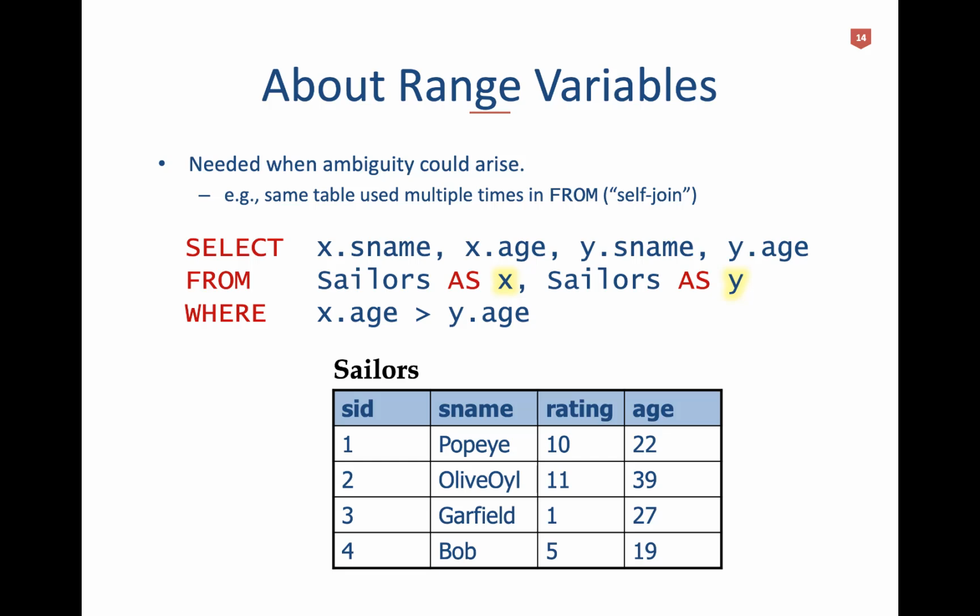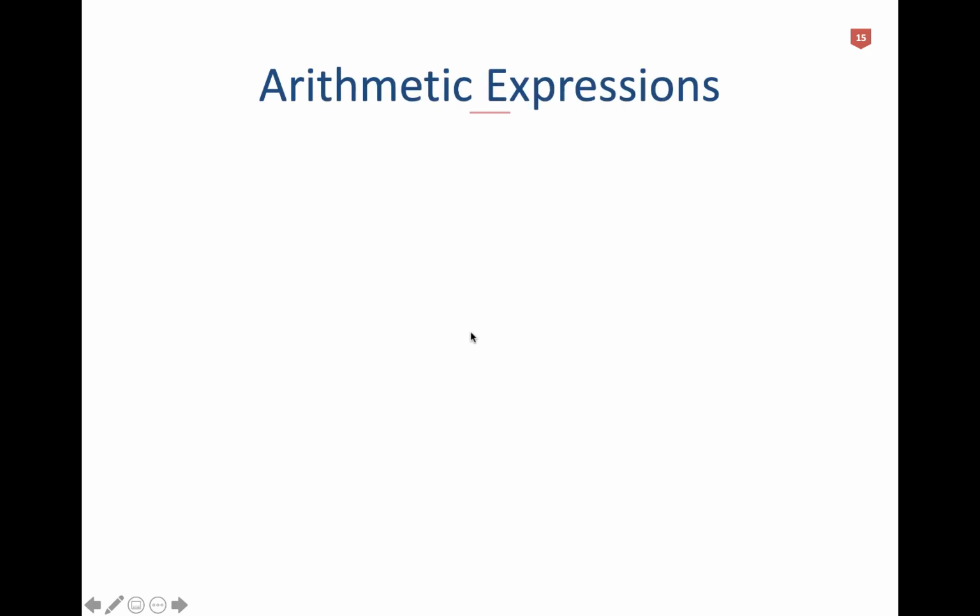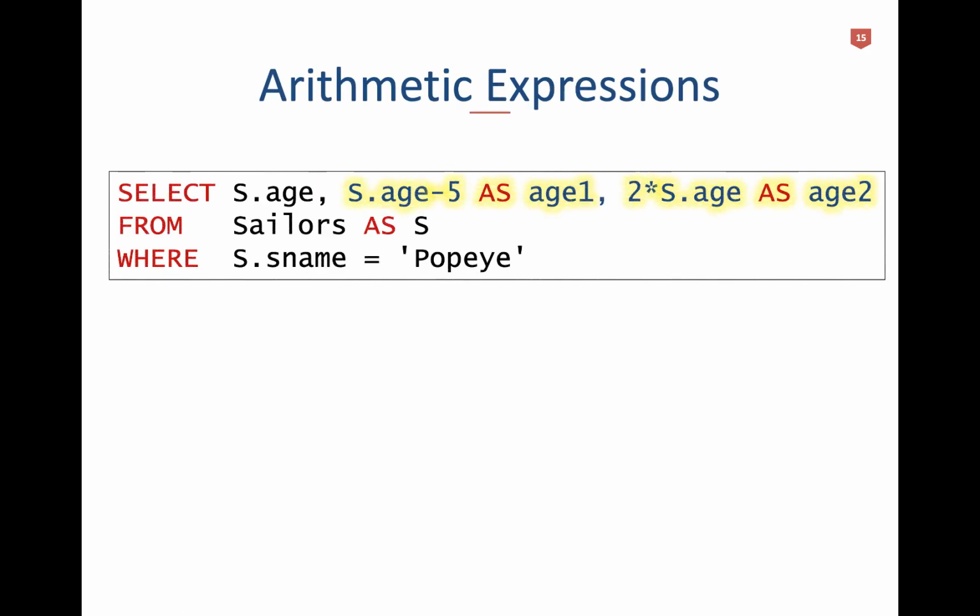Again, I want you all to write it down and run it in order to understand it better. Keep in mind that the FROM is doing the cross product and the WHERE is removing the tuples that don't satisfy the condition. Instead of having an equal, we can have greater than, less than, greater than or equal, less than or equal.